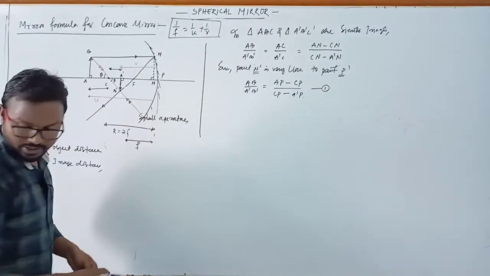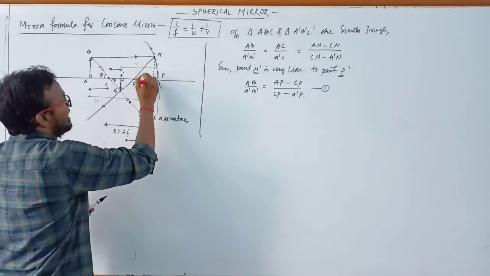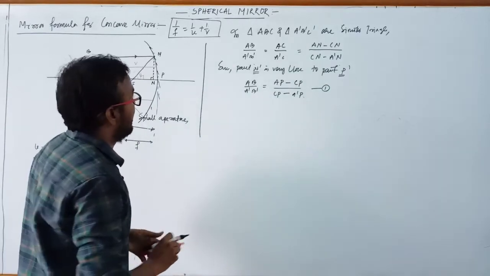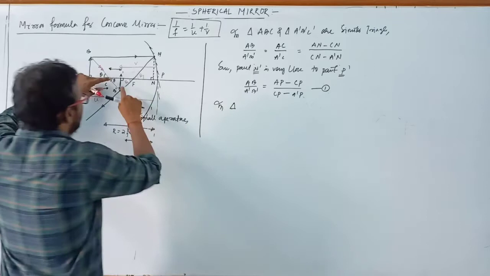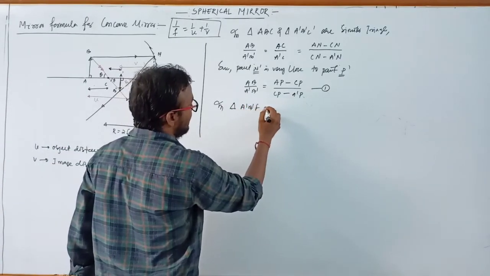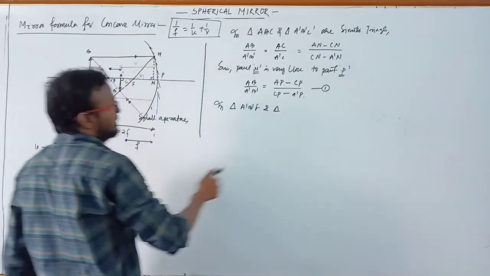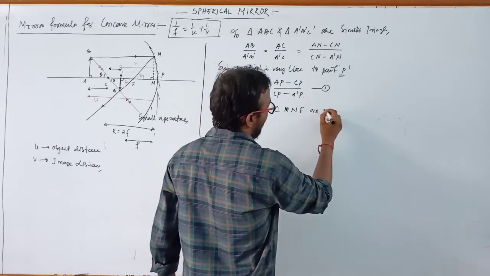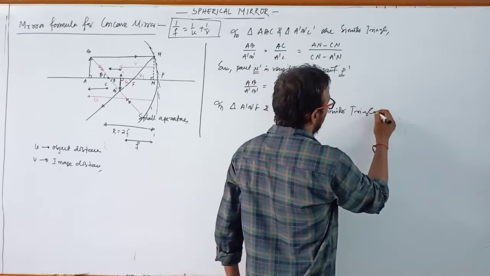Clear? Again we have another two similar triangles. Look at this diagram. Suppose this angle is theta1 and here this angle is also theta1. If we take triangle A'B'F and triangle MNF, they are similar triangles.